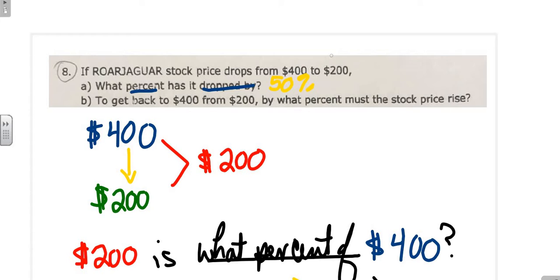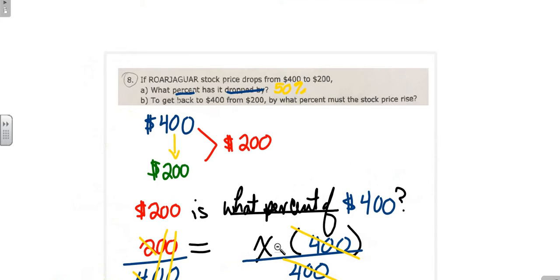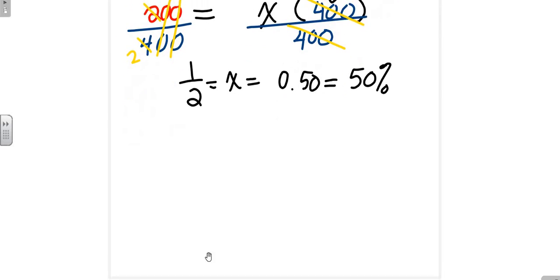To get back to 400 from 200, what percent must the stock rise? Okay, this is a little bit trickier. It says to get back to 400 from 200.